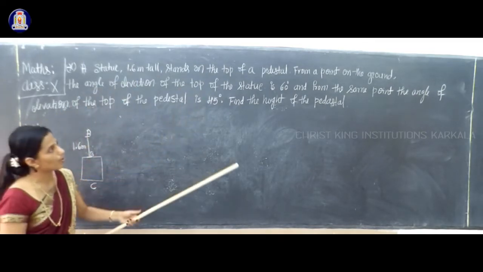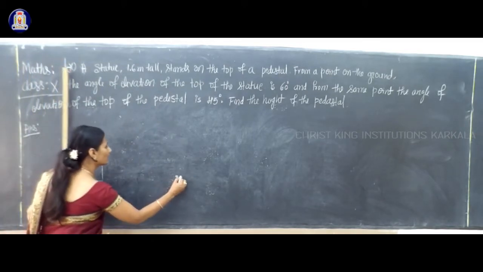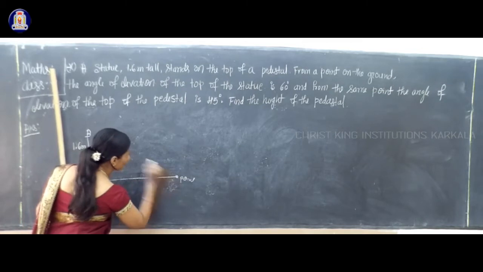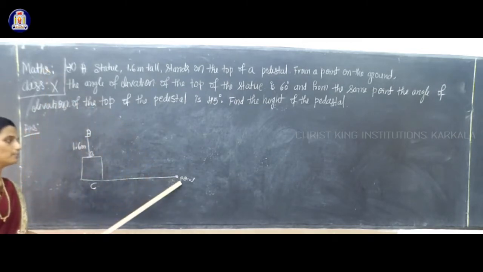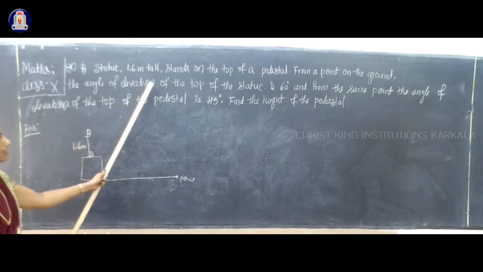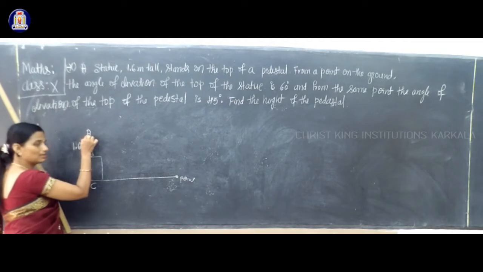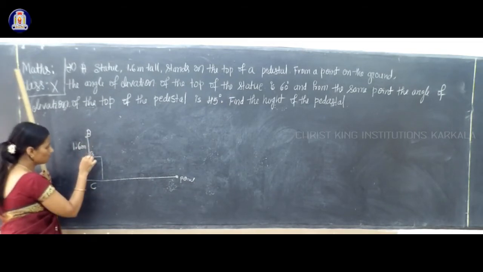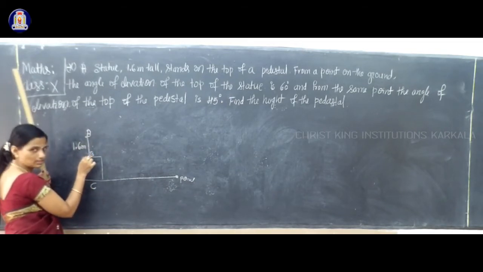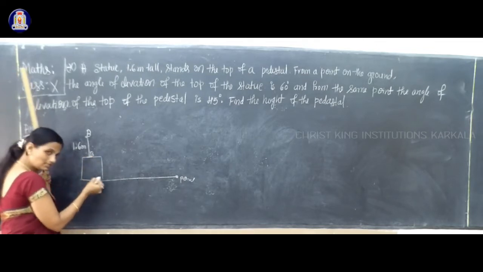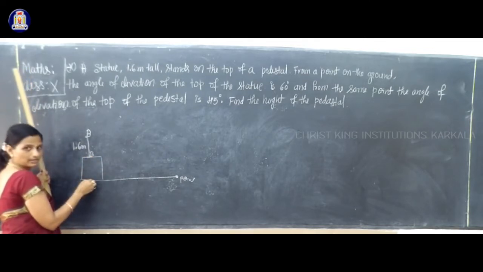Next, from a point on the ground. This is the point on the ground, and this is your horizontal line. From the point on the ground, the angle of elevation of the top of the statue: let A be the top of the statue, B the bottom of the statue, D the top of the pedestal, C the foot of the pedestal, right?